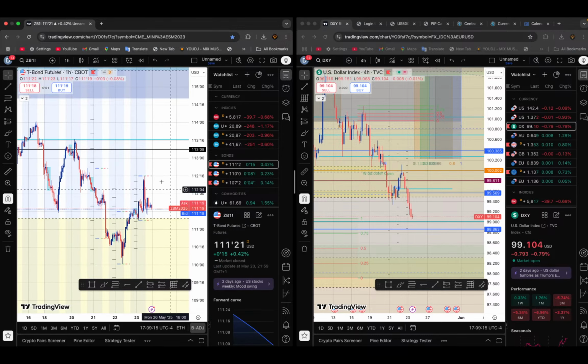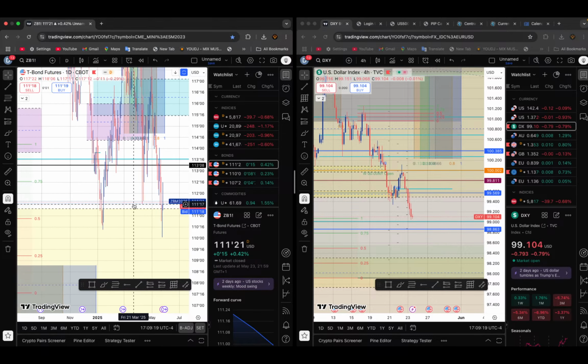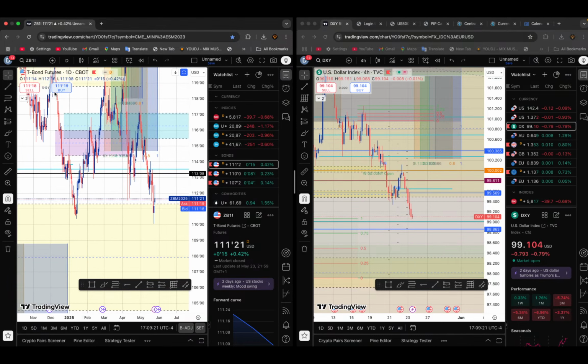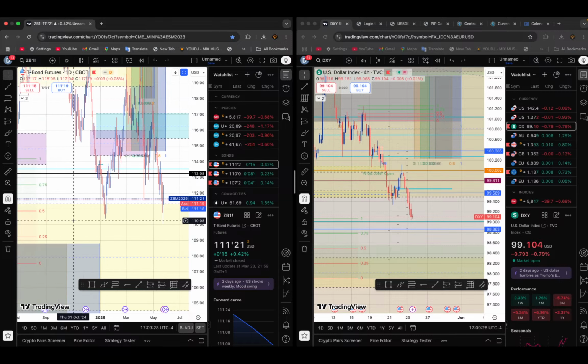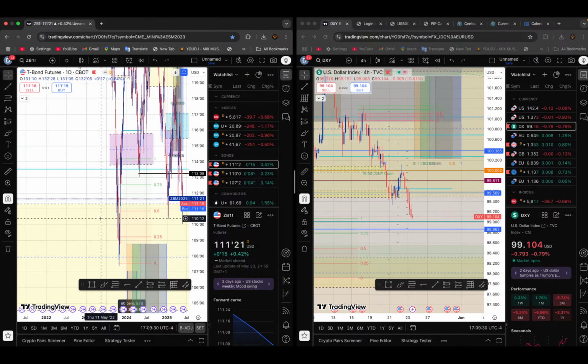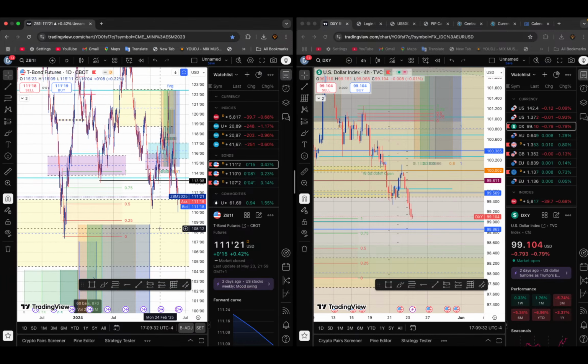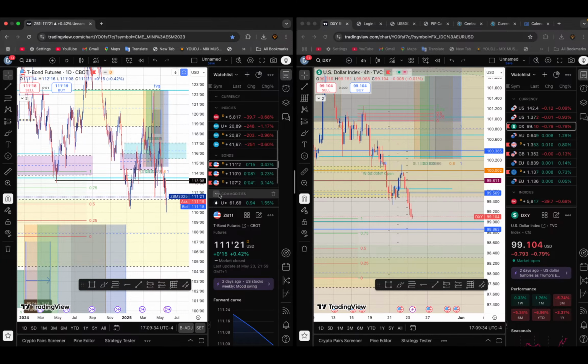Let's see how they've done. So bonds, we've been saying for some time that ZB is the weakest of them all, and as you can see, we said it's potentially going to drop below there, which it did.